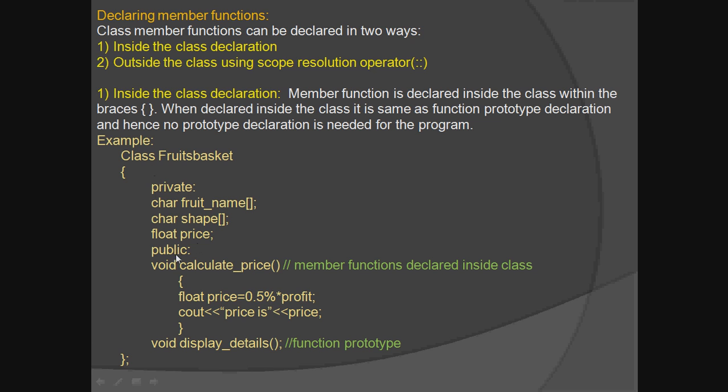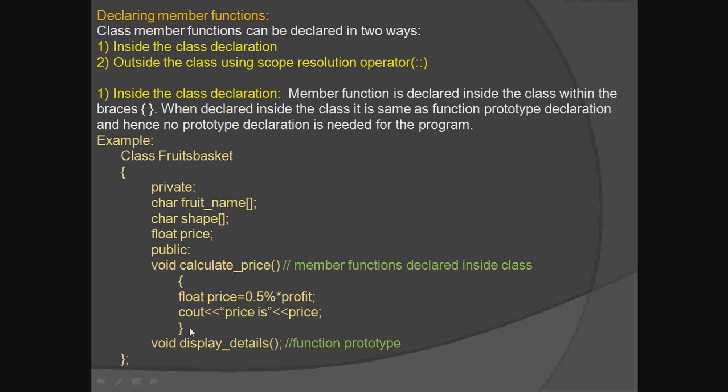Here it's the same, all right, but unlike the previous program, you can see that here you are declaring the function as a prototype, that is telling the compiler that this is the function name, this is the return type, and it accepts no parameter, all right? In the case of this member function, you can see that this is a function definition.